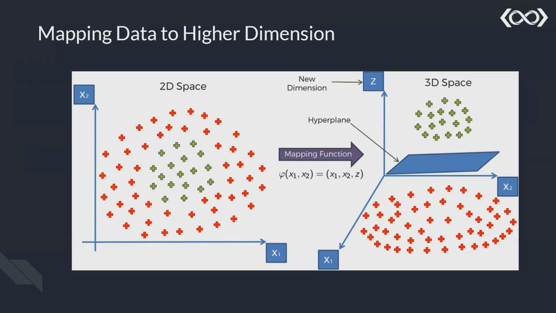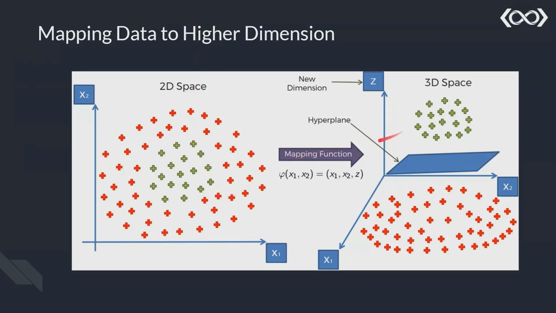First of all, computing a mapping function for 49 dimensions is very computationally expensive. And after that, putting all 49 features in, finding that 50th dimension, and then running SVM on those 50 dimensions is very, very computationally expensive.